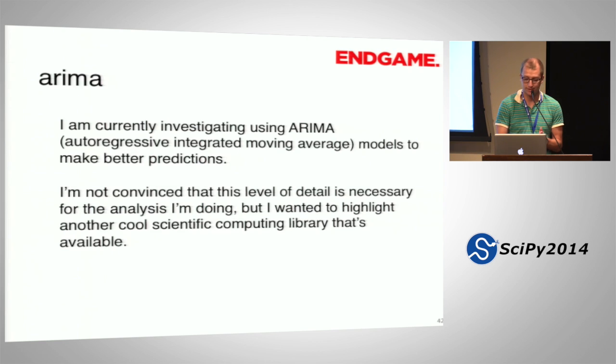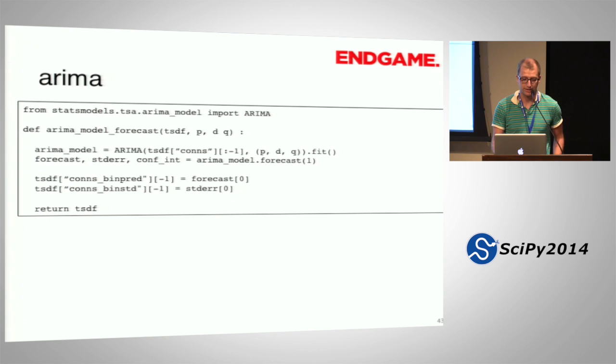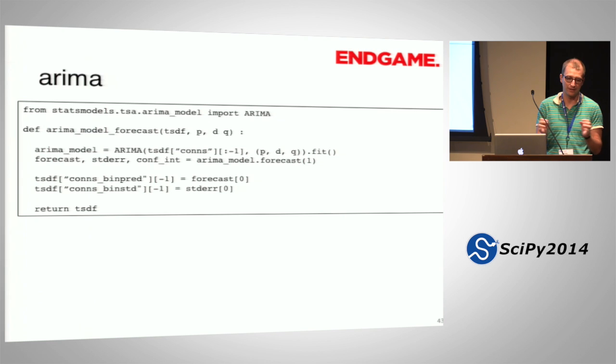It's a minimization that's made available in statsmodels that has a simple interface, and really what it's doing is taking the whole time series and making a prediction of what the next time bin should be based on what the last few data points are and what the last few errors are.